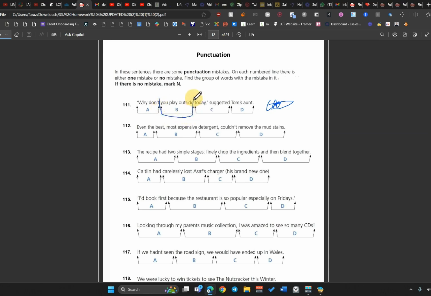So if it was B, that means the punctuation mistake is in this area. I can see it already. Today, right? There's a comma there. If you're going to put any sort of punctuation mark at the end of a quotation, it's going to have to be a full stop or a question mark or exclamation mark, but not a comma, because that's indicating that it's going to continue. So the answer here is C. 112.